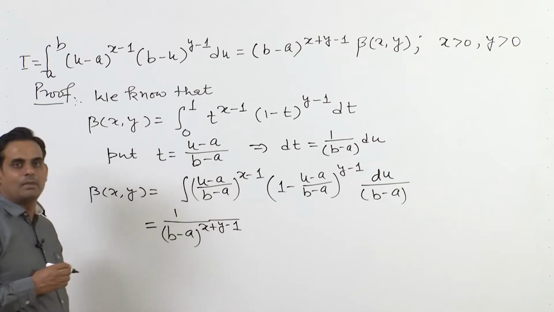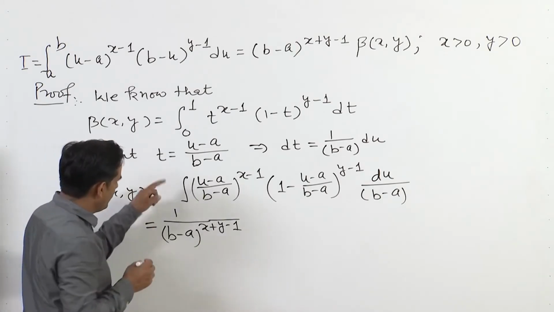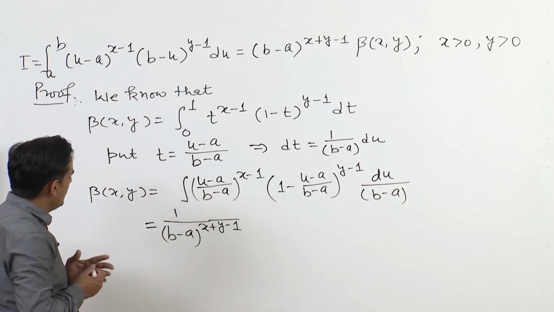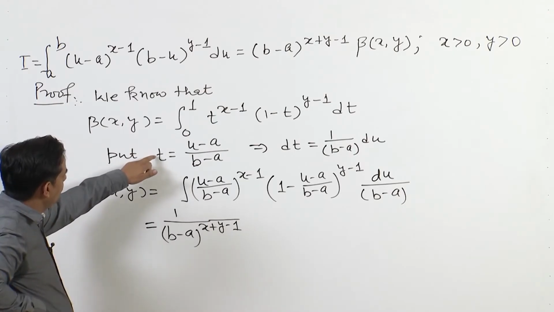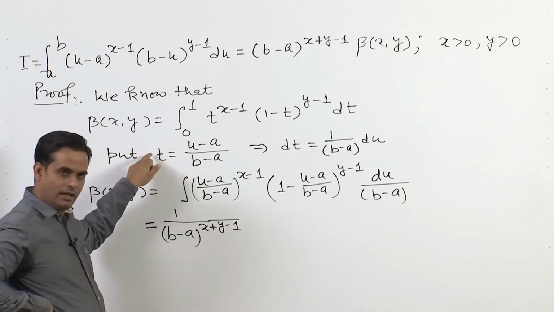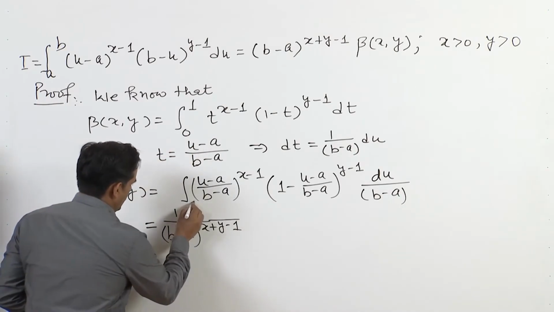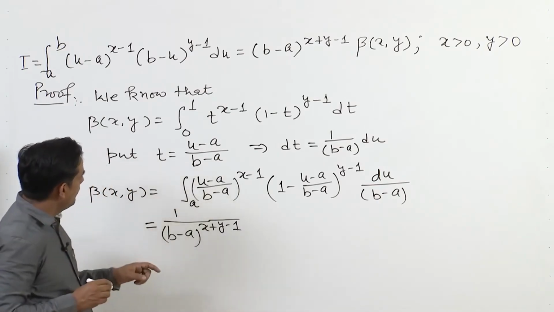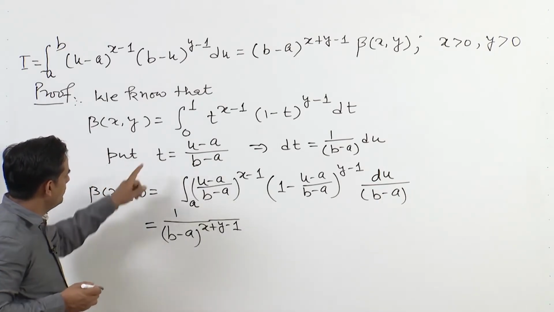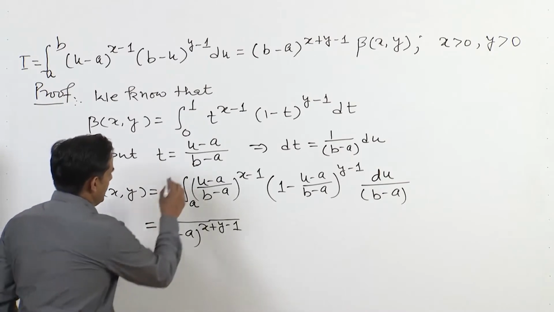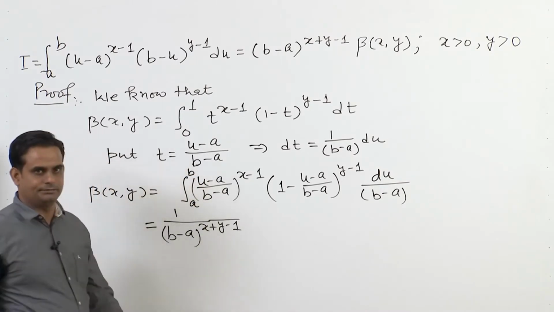x plus y minus 1, and I forgot to put the limits here. When t is 0, u will become a, and when t is 1, u will become b.